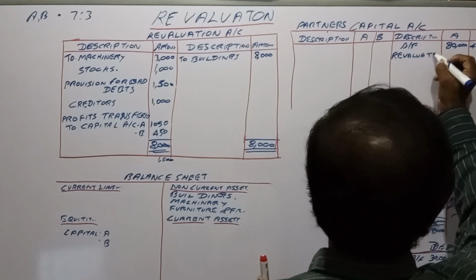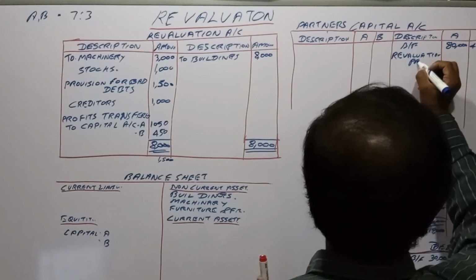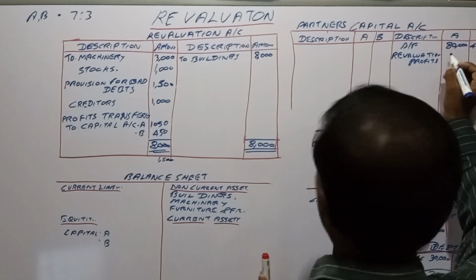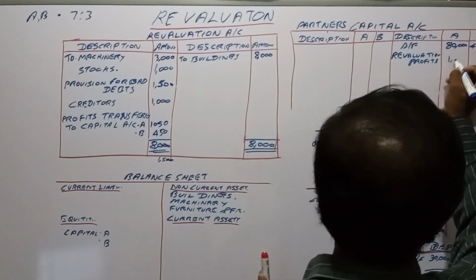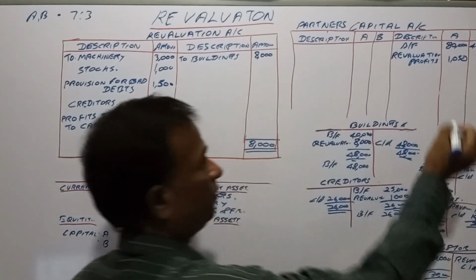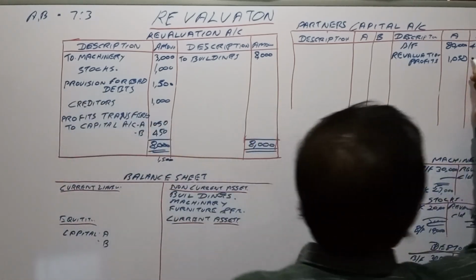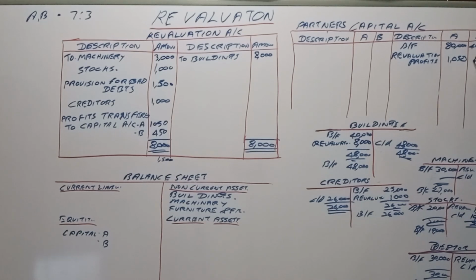Revaluation profits. A how much? 1,050. B is 450. What is the balance? 40,450.